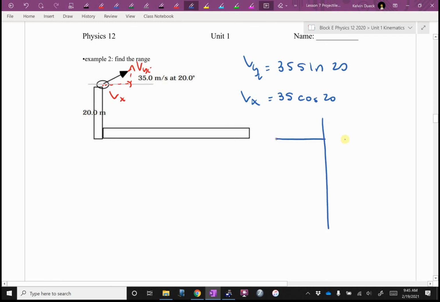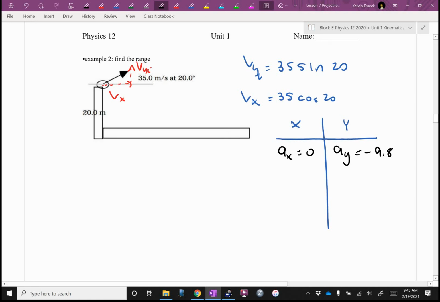Here's my T table. I'll go to my calculator in a second, but what are my two physics no-brainers? Ax equals 0. Ay equals negative 9.8. I could have written that before I started.